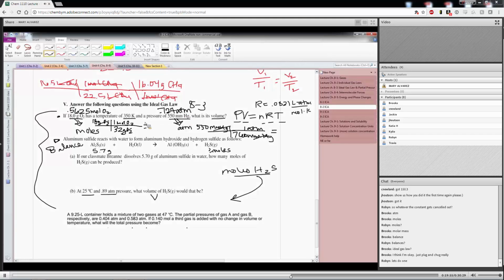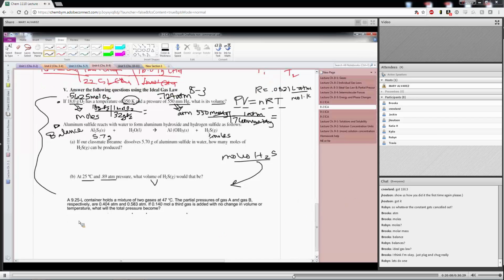Okay, and here's our temperature. So moles, temperature, pressure. We're calculating volume. So let me solve for volume before I do anything else. I'm going to put it down here. Solve for volume, I'm going to divide both sides by pressure. So I find that volume should be nRT over P.